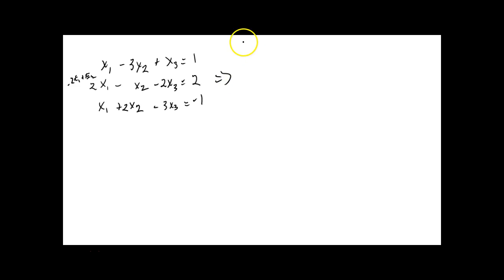Now, keep the first equation as it is. X1 minus 3x2 plus x3 is equal to 1. Now we're going to do what it told us to do. Minus 2 times equation 1 added to equation 2.